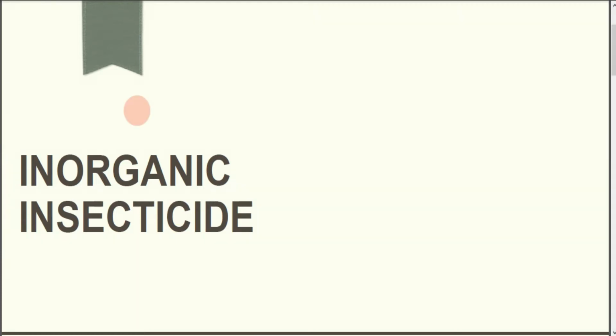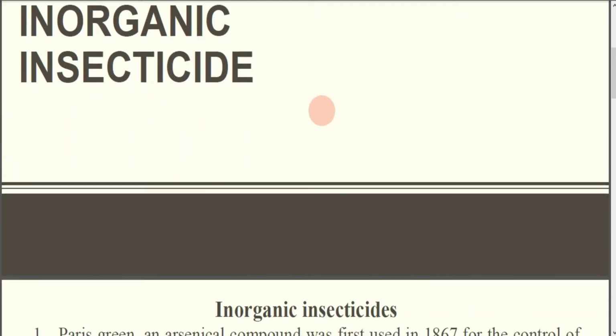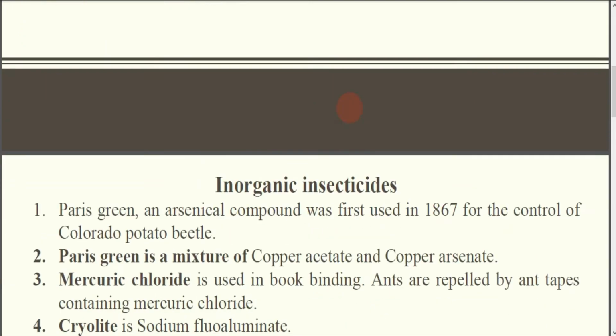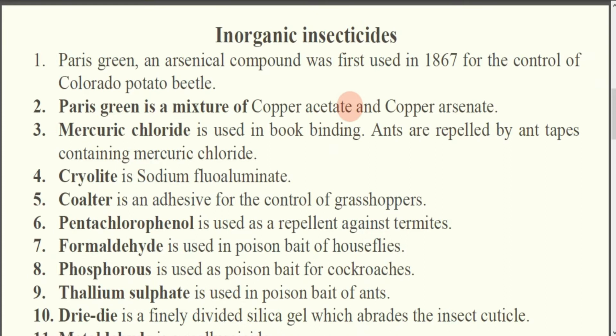Now coming to some of the related aspects and some examples of inorganic insecticides. First, all of you know what an inorganic insecticide is, already covered. Then coming to the first point, one of the most important inorganic insecticides is Paris green.